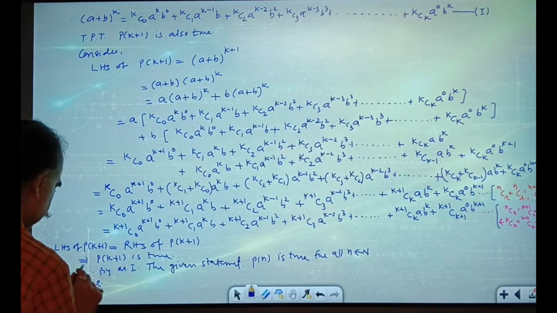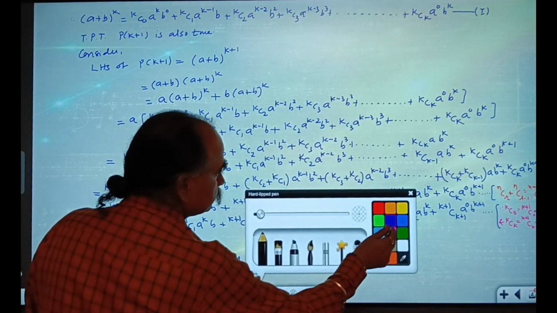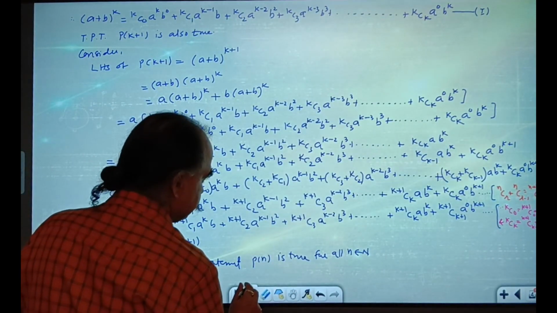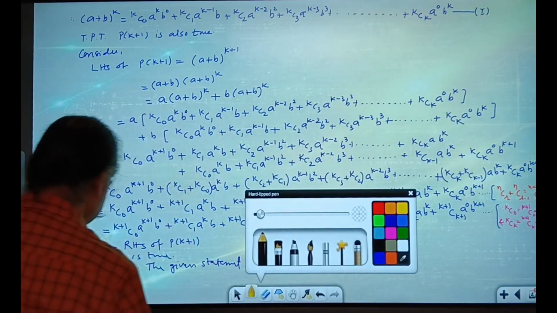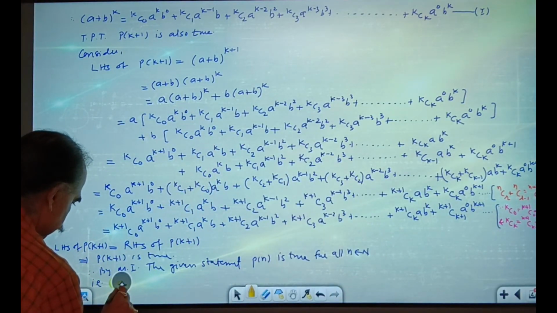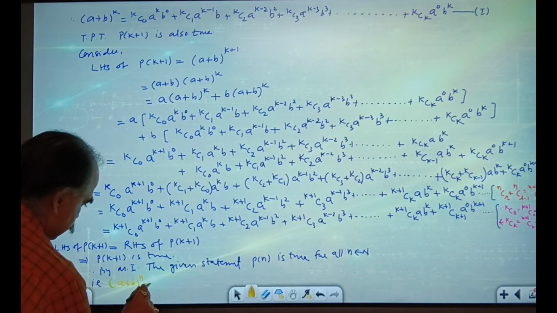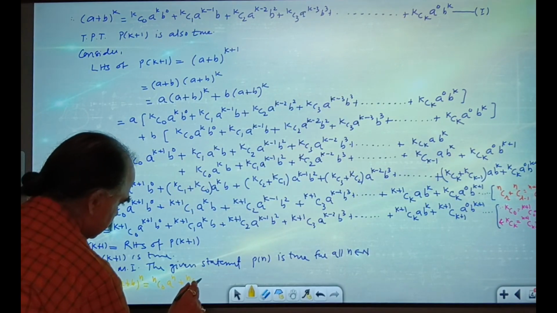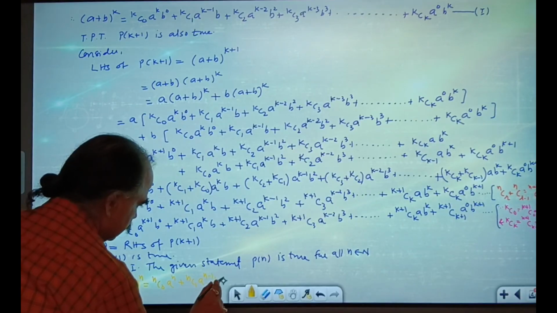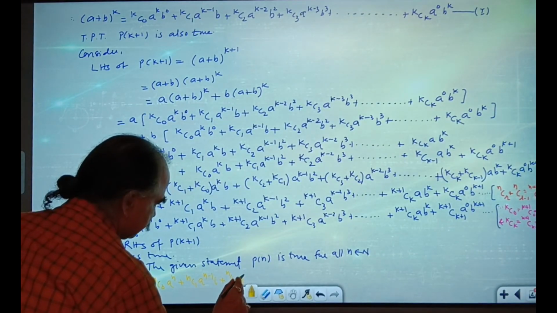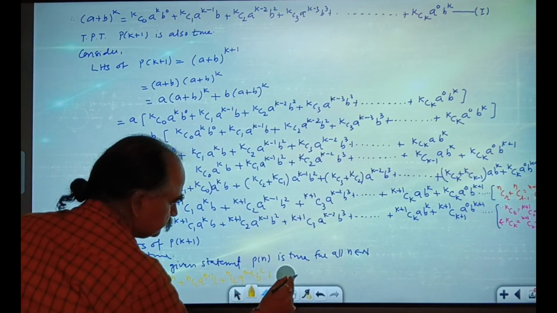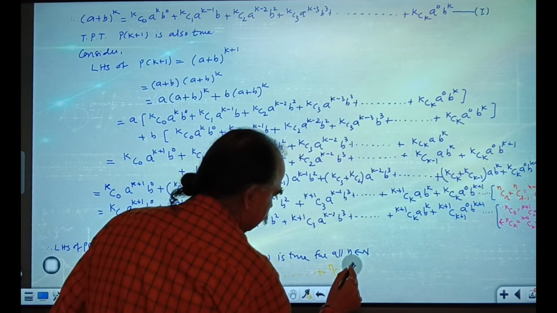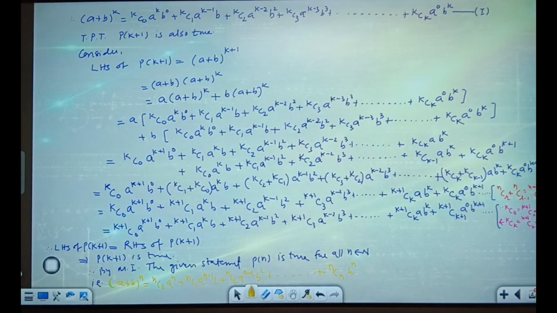That is, (A plus B) raised to n equals NC0 A raised to n plus NC1 A raised to n minus 1 B plus NC2 A raised to n minus 2 B square plus ... plus NCn B raised to n. This is the proof.